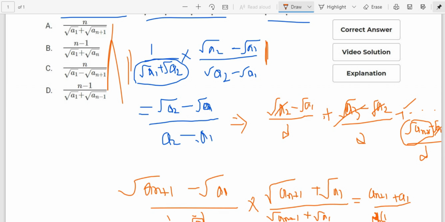Under root a n plus 1 plus under root a1, isn't it? This I'm getting.